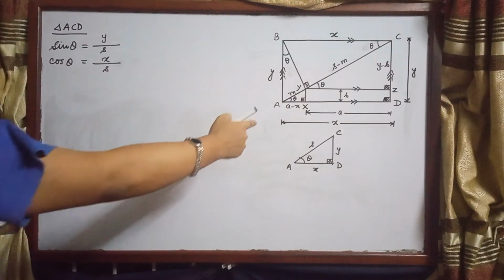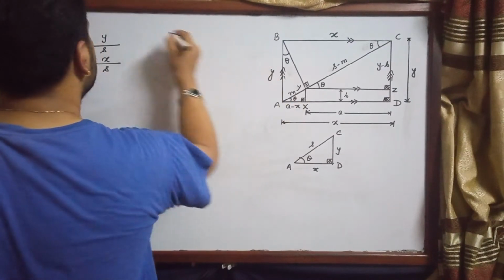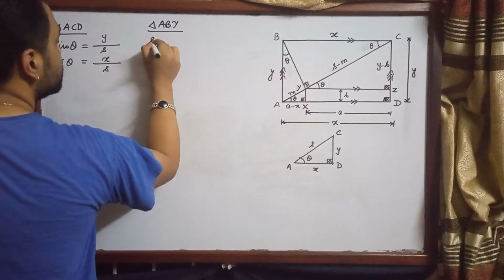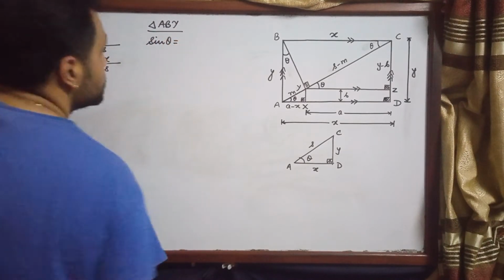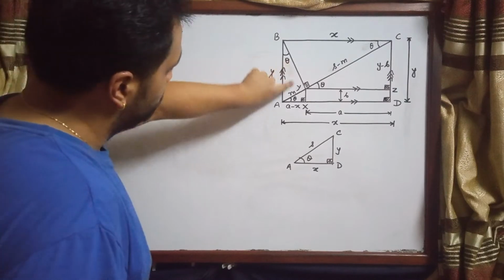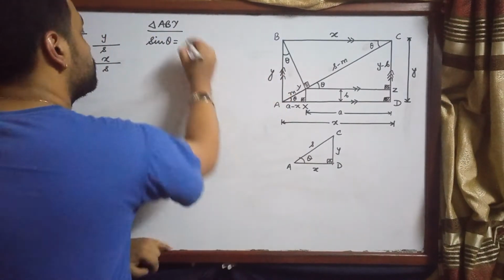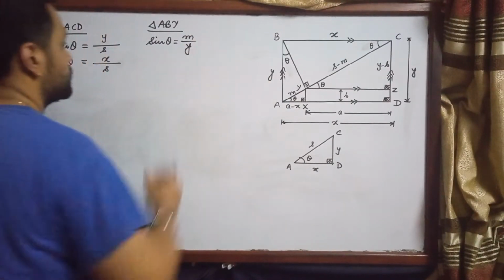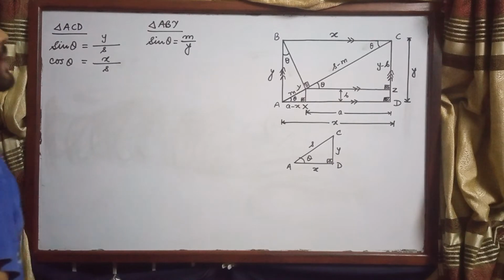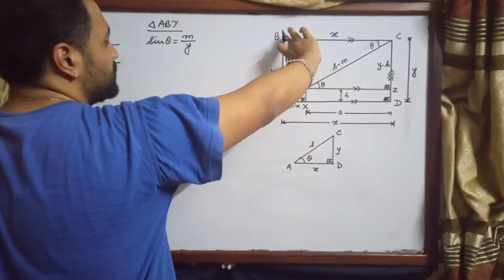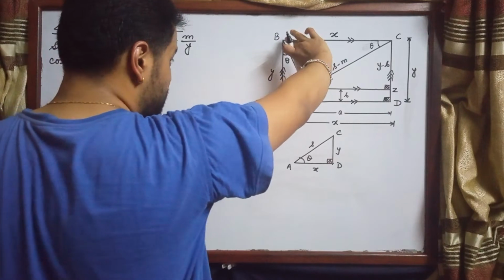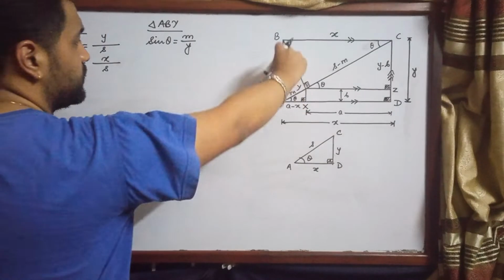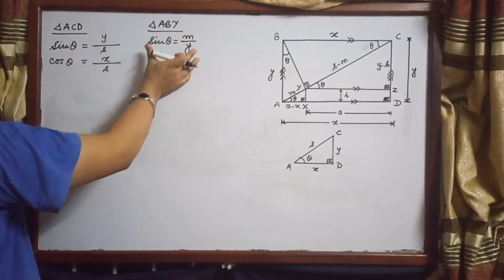Now let's look at triangle ABY. Then we get sine theta is equal to the opposite side of theta, which is M, over the hypotenuse, which is Y. We haven't assumed a length for BY, so we're not going to calculate cosine of theta from this triangle.